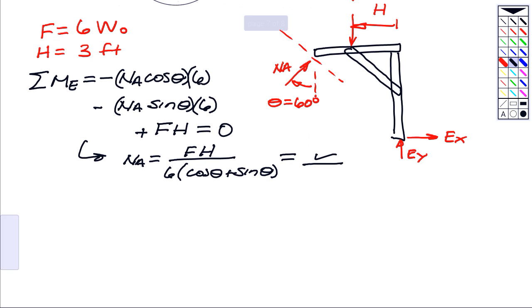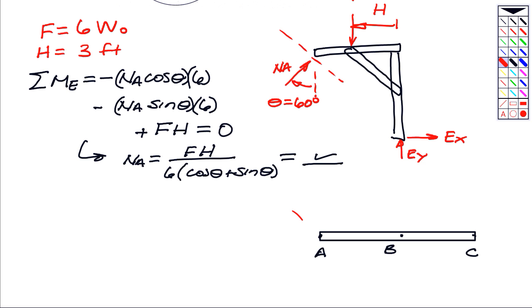The second FBD I'm going to draw is one of AC. So this again is going to be A, and B is the point there in the middle, and then C. The forces acting on this member: still the normal force NA, acting at the angle I defined before.